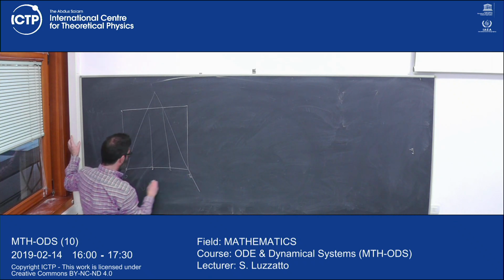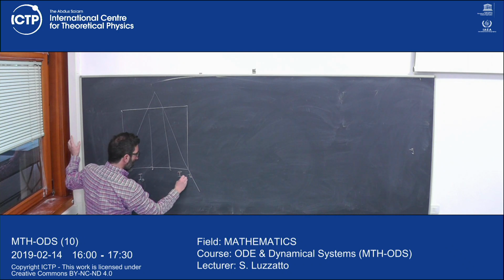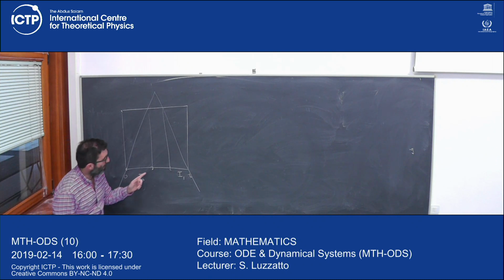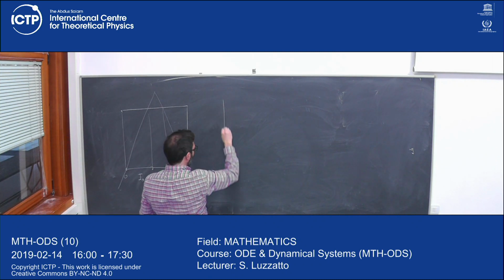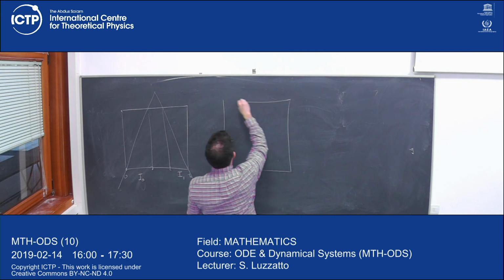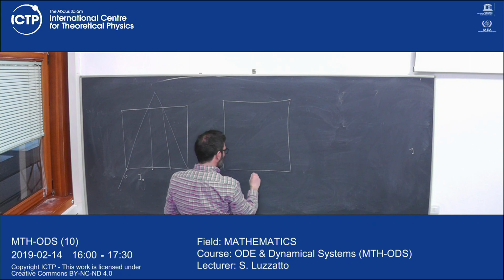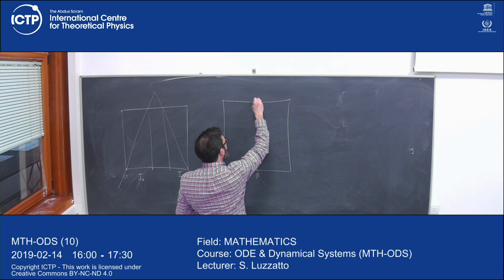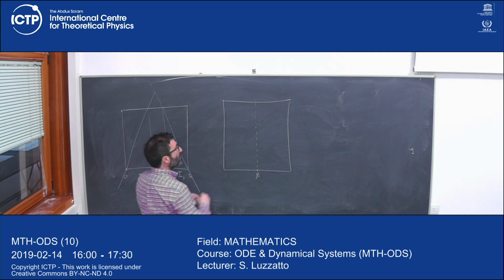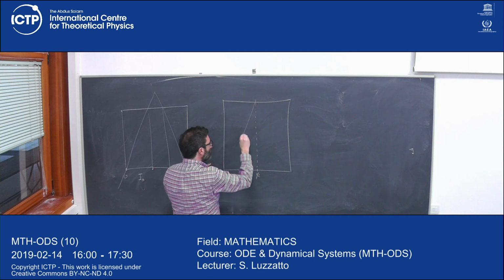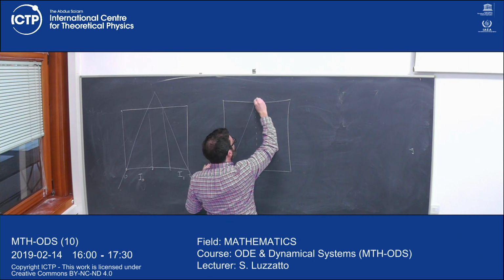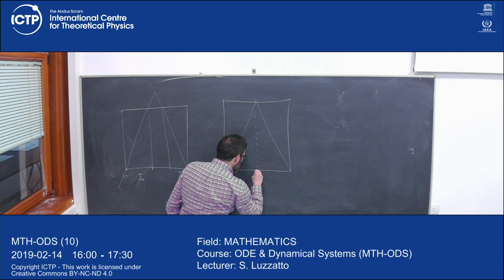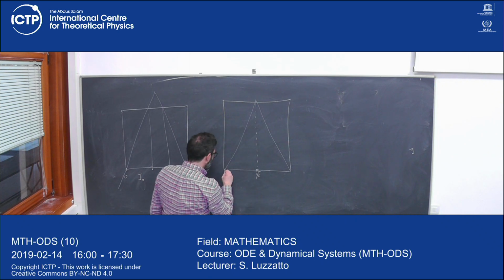This is 0, this is 1, this is our intervals I0 and I1. Now, what happens if we change this a little bit and we make the gap very small? So now we have the intervals I0 and I1 like this.